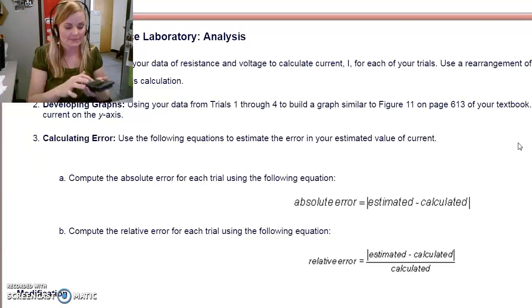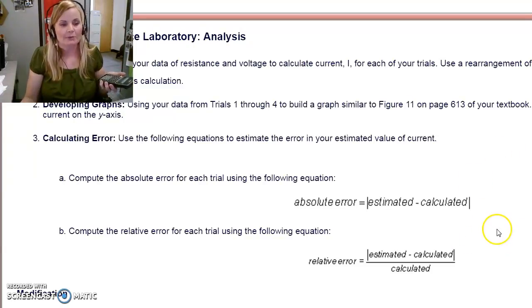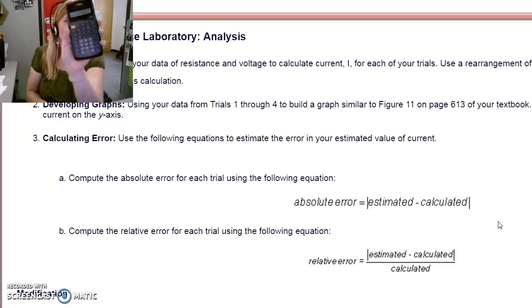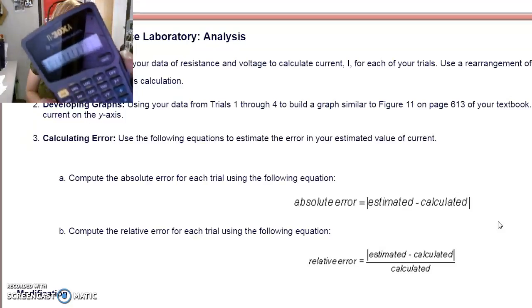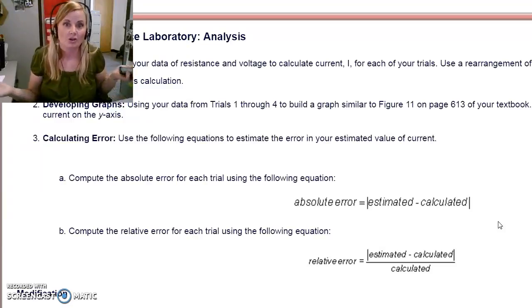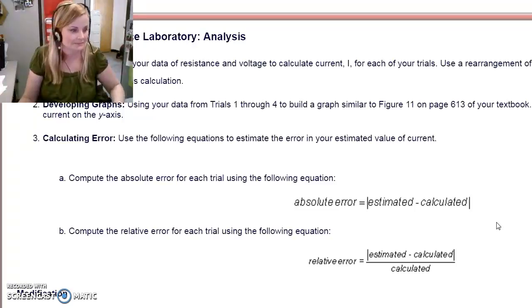So that's my absolute error. But I like the relative error better. It's giving me a percentage. How close am I? So I'm going to take the estimated, which was 8, subtract the 7.2, and divide it by 7.2. And that gives me 0.111111. So it tells me I'm approximately 11% off of the actual value. I don't think that's that bad. 89% right, 11% wrong, right?